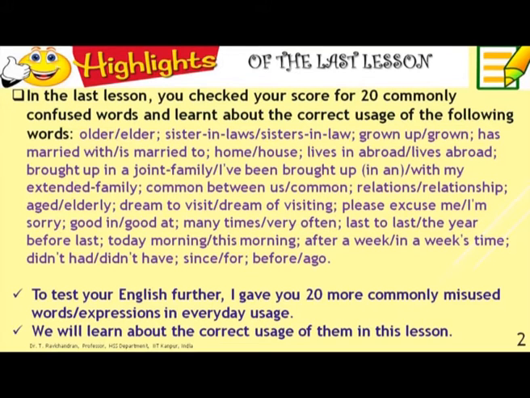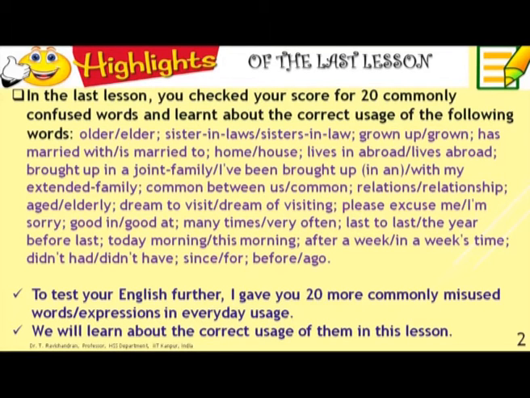Many times when you have to say in terms of number, otherwise it is very often. Last to last is not correct, the year before last is the correct form. Today morning is not right, this morning. After a week, when you want to say in a week's time. Didn't had, this past form immediately following did is not correct, it should be always present form, didn't have.